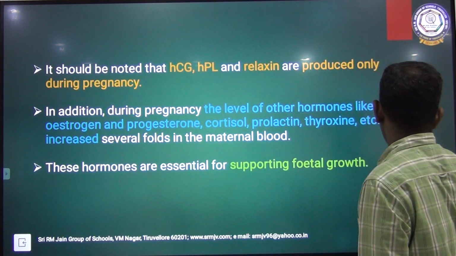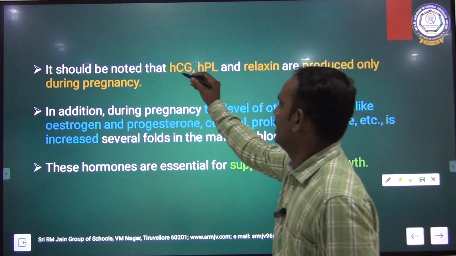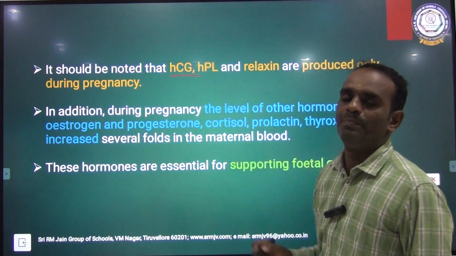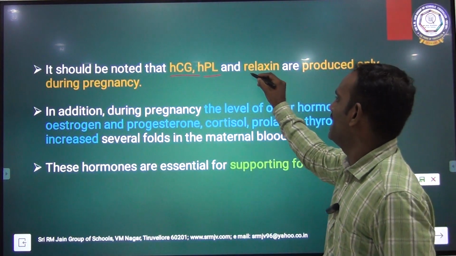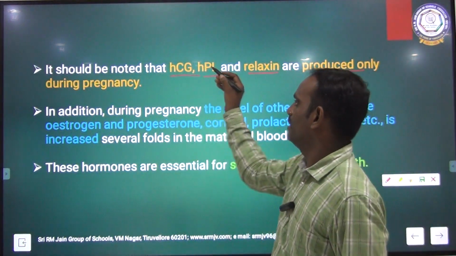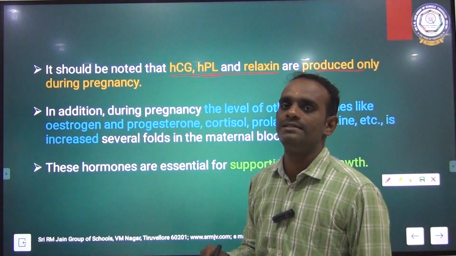It should be noted that HCG, human chorionic gonadotropin, HPL and relaxin are produced only during pregnancy.